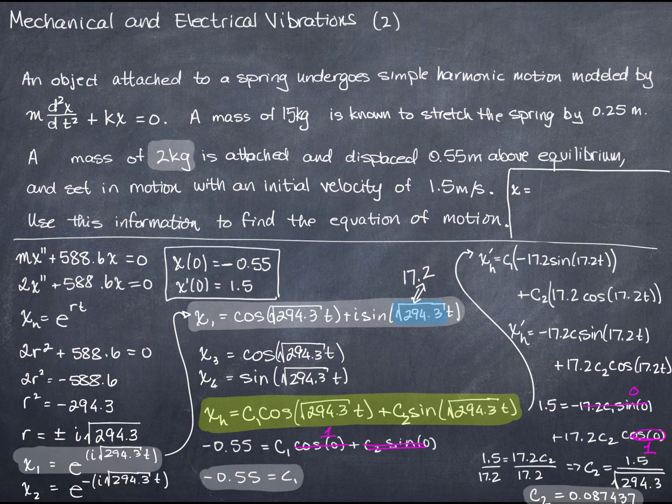I use that notation here just because I've kind of gotten used to it. But the original equation is a homogeneous equation. This is the equation I would need to add a particular solution to if I had a non-homogeneous equation, but I don't. I have a homogeneous equation. So I'm just going to write it as x equals C1, which is negative 0.55, times the cosine, and I'll write it as 17.1552.